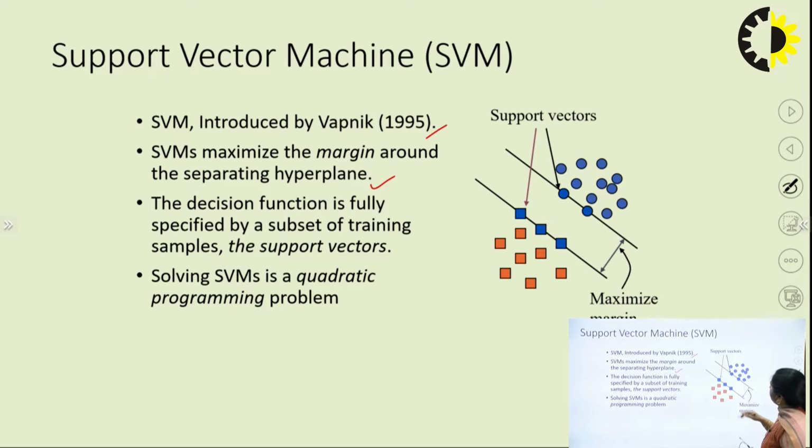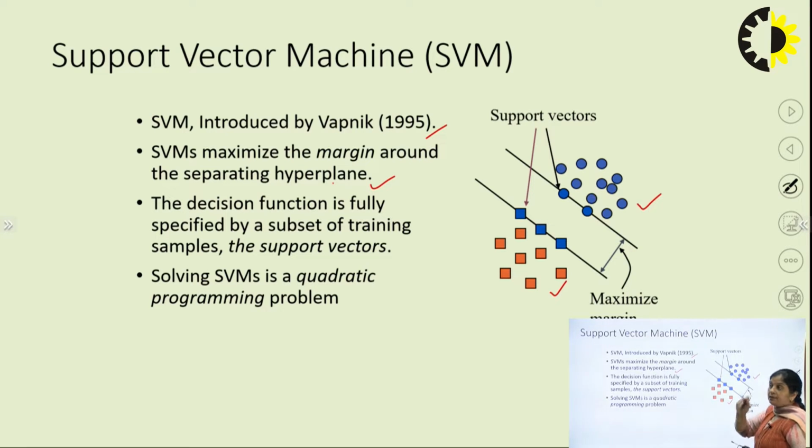For example, I have here two classes. This is the first class and this is the second class. One class's objects are represented by small squares and the other class by circles. If we find the boundary in between, there may be different boundaries. That boundary we call the separating hyperplane.